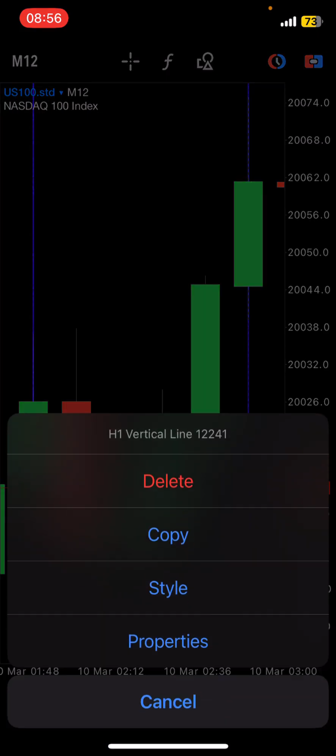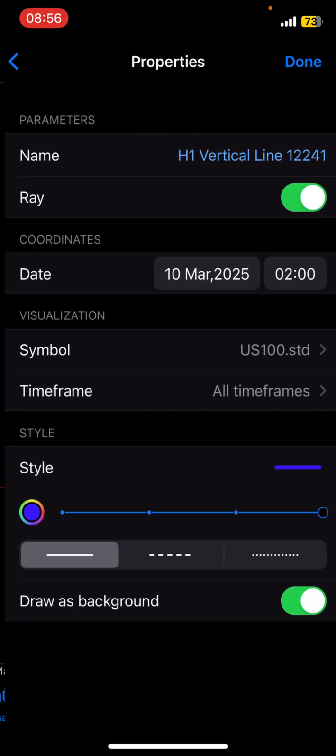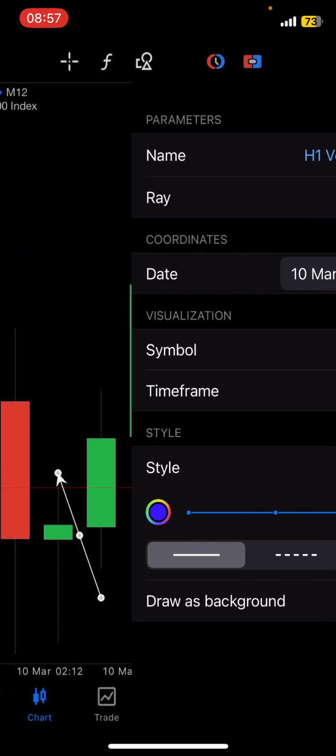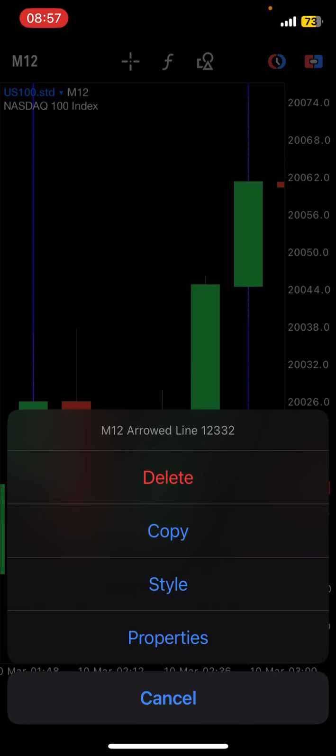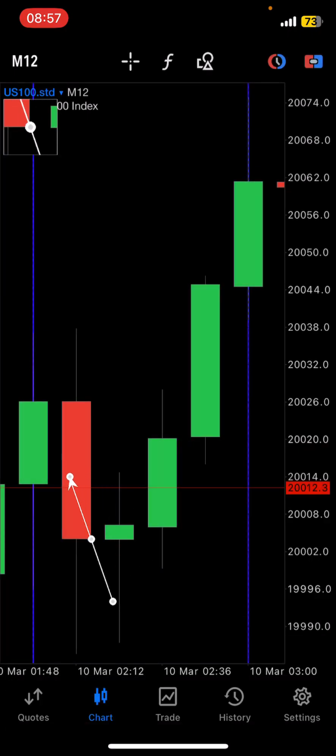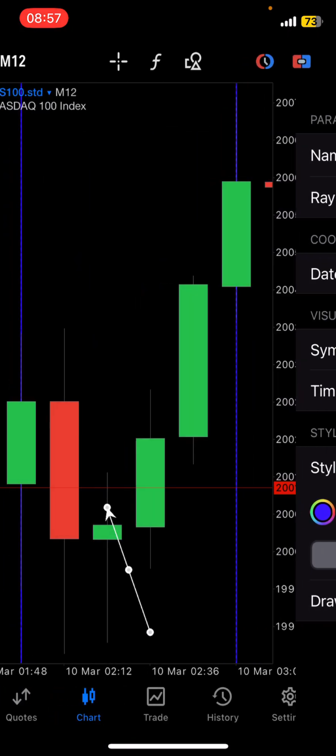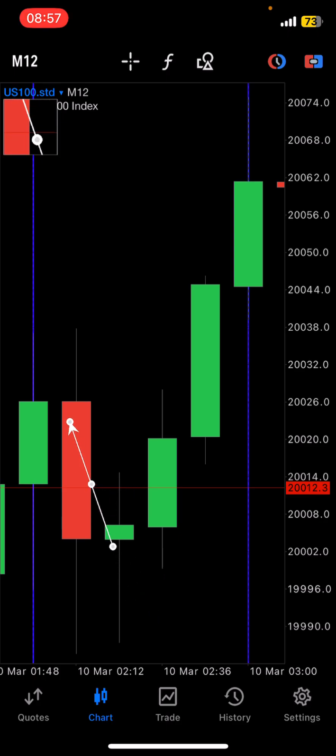Let me see. Properties. This candlestick started at 2 o'clock, as a fixed candlestick, and it was an up-closed candle, right? And it ended at 3 o'clock, exactly what I'm talking about. See, an up-closed candle.